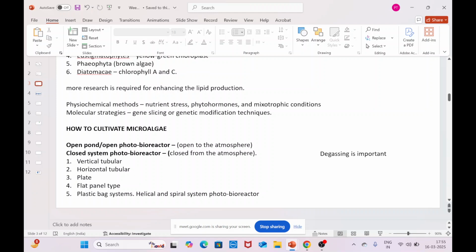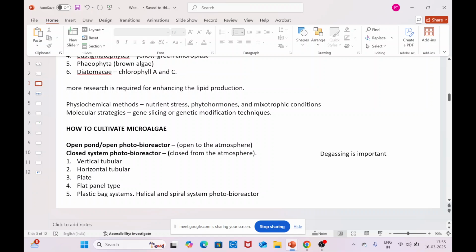Tubular, and the main reason is maximum biomass yield. But that is just one parameter. There is also a higher chance of accumulation of carbon dioxide as well as oxygen within this reactor. There is no outlet for them to be let out into the atmosphere. So that also we need to take under consideration.